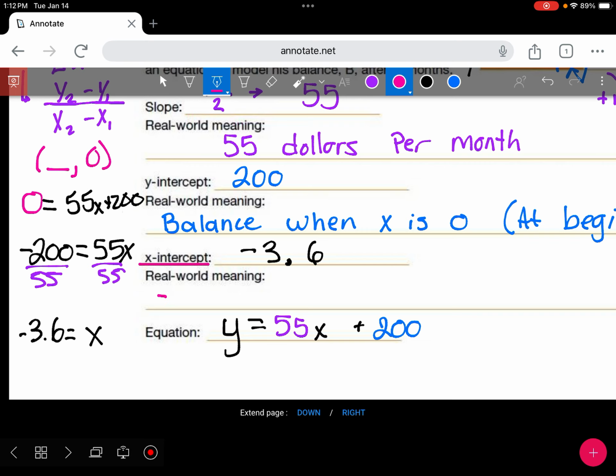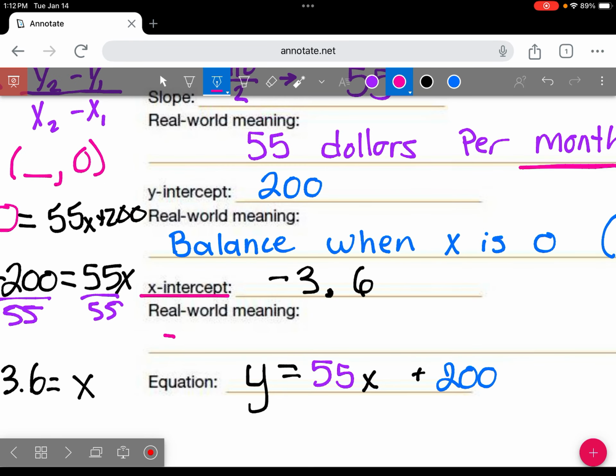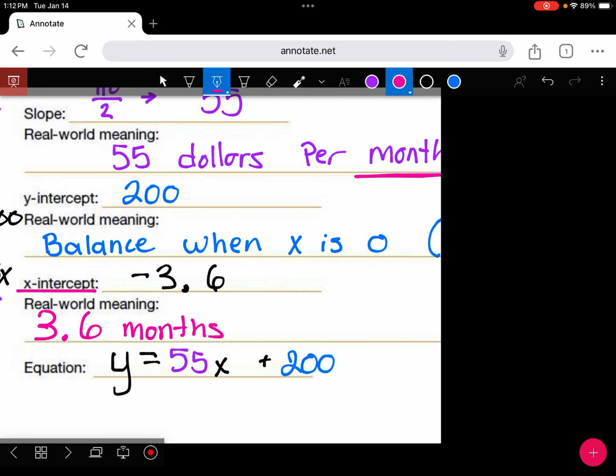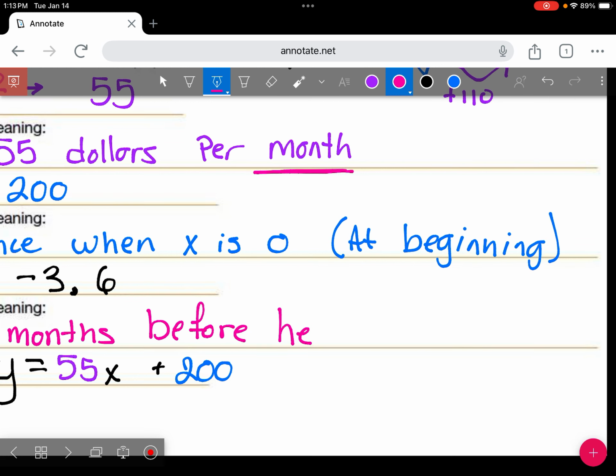Months. Our x. So it's 3.6 months before he started. So real world-wise and context-wise, this doesn't actually make sense. But we can still find our x-intercept. But 3.6 months before he started adding money, I guess, is when his balance would be 0.